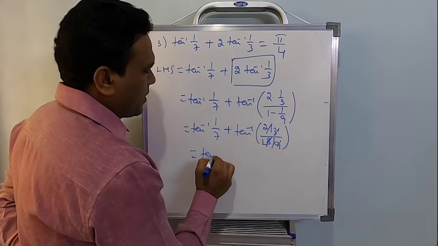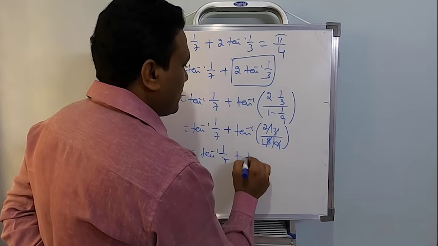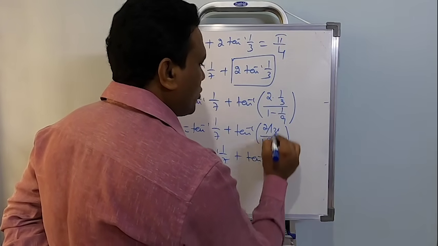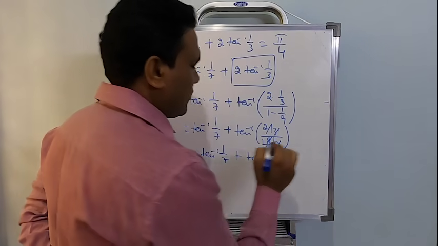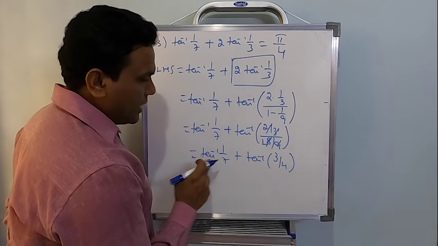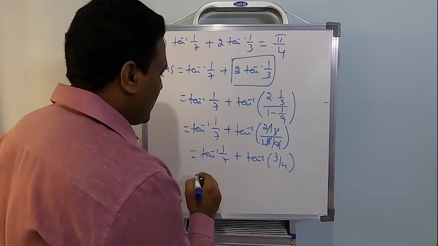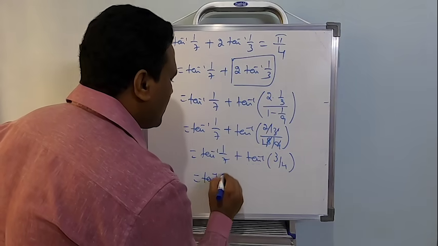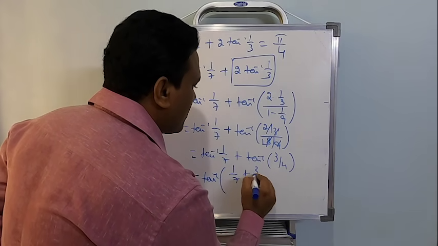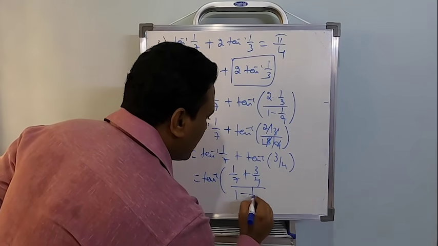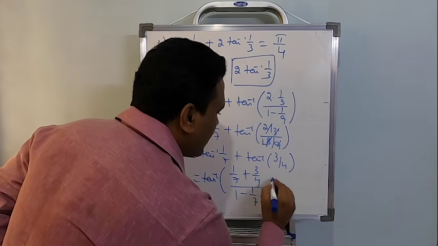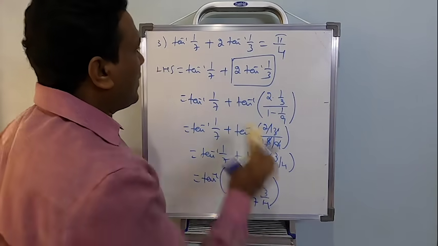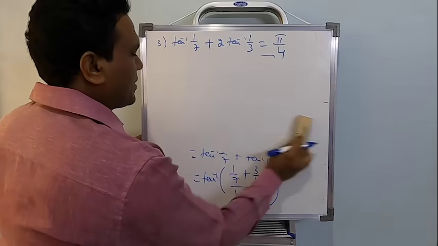So this will become what? Tan inverse 1 by 7 plus tan inverse, this 3 goes to the numerator, so 3 by 4. Now apply the formula of tan inverse x plus tan inverse y. So tan inverse x plus tan inverse y is given by tan inverse of x plus y by 1 minus x multiplied by y. I should simplify till I get pi by 4 out of this.